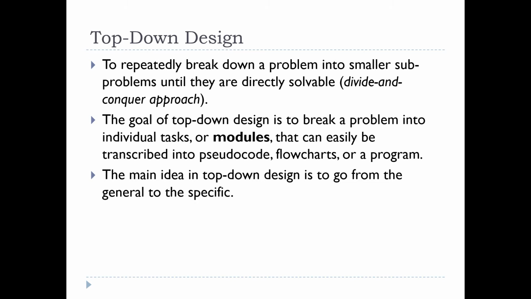Then you just use that over again to solve a similar problem. So the idea of the top-down is going from the most generic or general component to the very specific. Specifically, I mean very specific to a certain function, like to calculate the total pay. That is very specific. That's all it does, right?